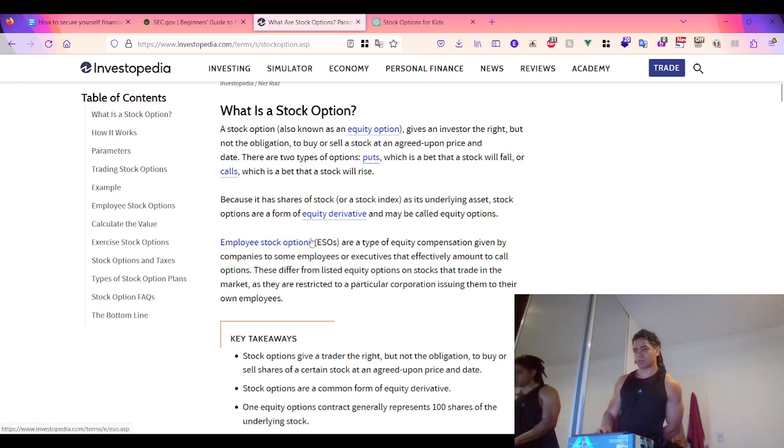Employee stock options, ESO, are a type of equity compensation given by a company to some employees or executives that effectively amount to call options. This differs from listed equity options on stocks that trade in the market, as they are restricted to a particular corporation issuing them to their own employees.